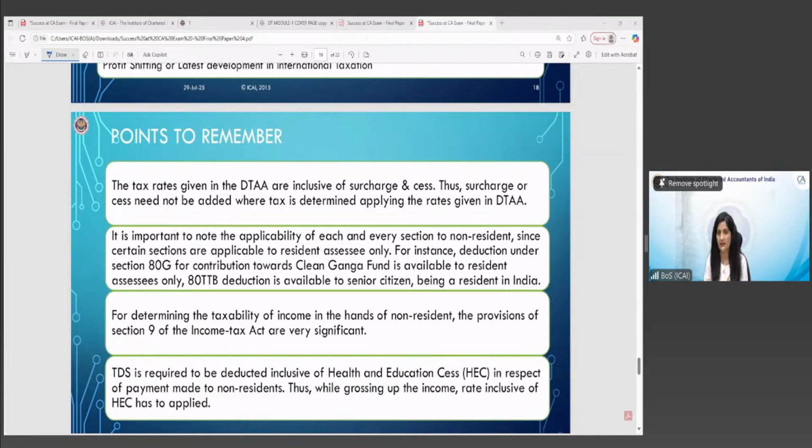So you find it interesting and easy to retain when you link things to practical scenarios. तो whenever you are studying, आप कोई भी provision पढ़ रहे हो, उसको understand करने के लिए what you can do, just try to make an example, small, basic examples. That will help you to understand the provision very well, and to memorize also that provision, आपको याद भी हो जाएगा उसी टाइम पे.